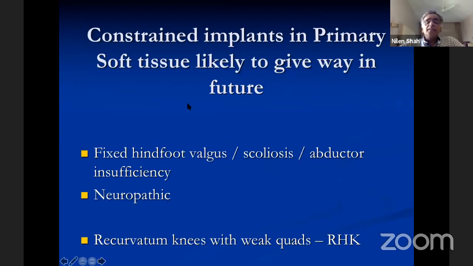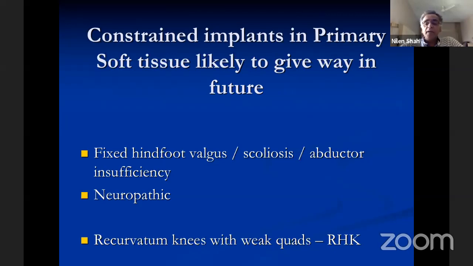In certain cases, you find that although the soft tissues are currently okay, they are likely to give way in future. I would caution you that whenever you're doing a varus knee, where there is a fixed hindfoot valgus, then this lower extremity is going to be subjected to consistent valgus forces, and you may consider primarily to put in a varus valgus constrained knee.